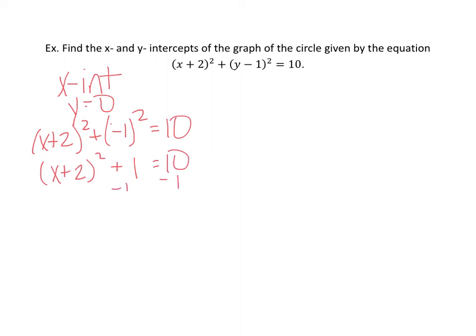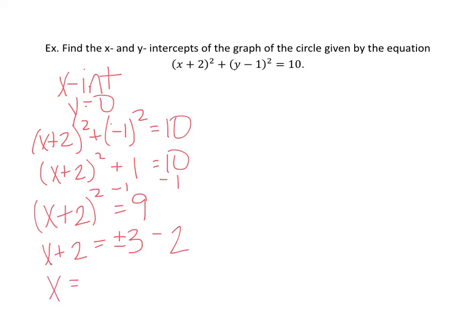Subtract the 1. (x + 2) squared equals 9. Get rid of that square by taking the positive and negative square root, so positive negative 3, and subtract 2. So x is going to cross at positive 3 minus 2 would be 1, and negative 3 minus 2, negative 5.